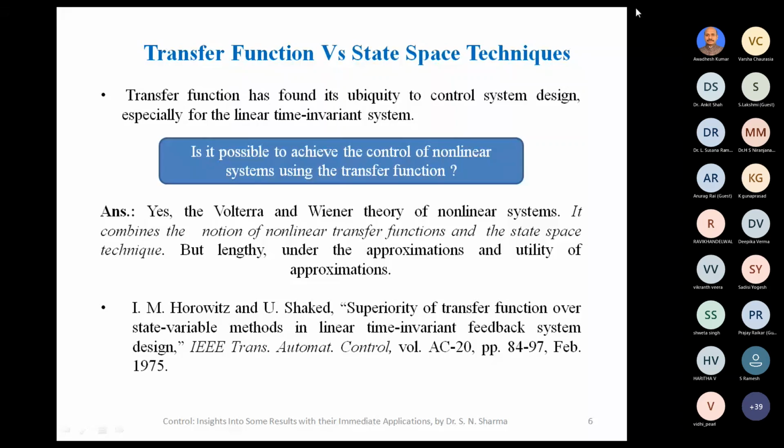Till 1960 or before 1960, the transfer function was popular, and from 1960 onwards, the state space setting became popular because it has wide implications. The point is that the transfer function holds for time invariant systems, but state space holds for time varying, time invariant, linear, and nonlinear systems. So the state space setting has a wider framework.